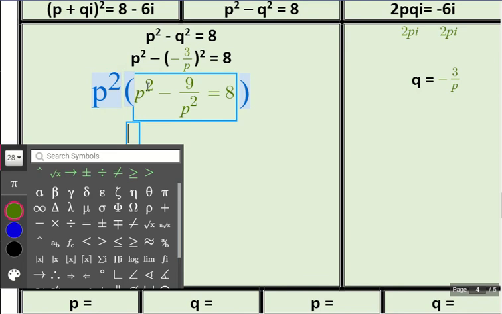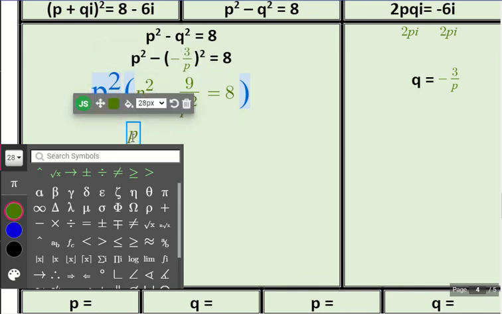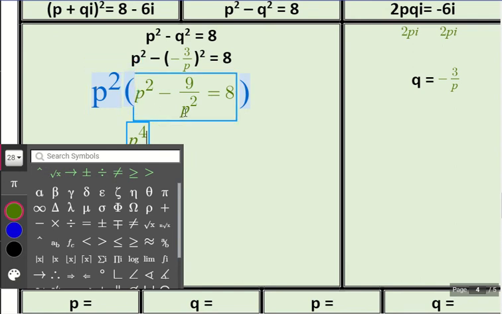To start, we say p squared times p squared. We know our base is p, but we add the exponents. So 2 plus 2 is 4, p to the 4th power. Next, the p squared cancels because p squared over p squared is just 1.